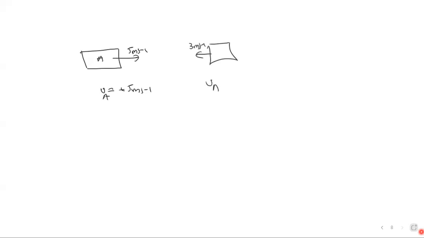So for example, if you've got something going to the right with 5 meters per second, then the velocity of that would be positive 5 meters per second. Well, it's simply just the fact that the velocity includes the direction. So it's either positive or negative if we keep to one dimension. Make sense? Yeah. All right.